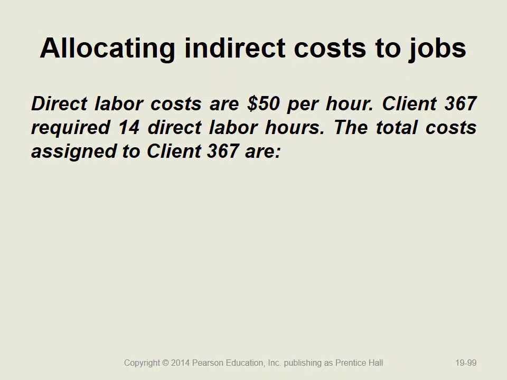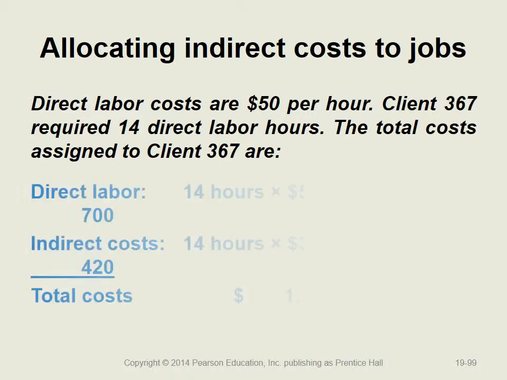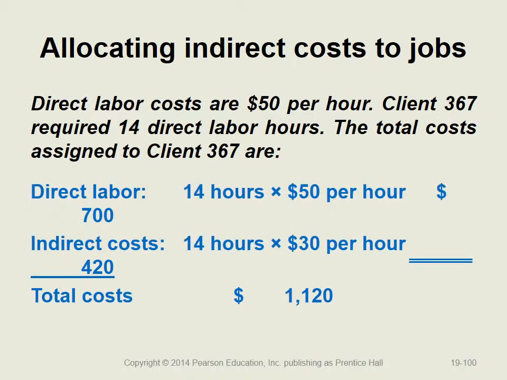We determine the total costs assigned to client 367. 14 direct labor hours are worked on client 367's case, and the hourly rate for direct labor is $50 per hour. For the total cost of working on client 367's case, we add the direct labor costs and the allocated indirect costs. Multiplying the 14 direct labor hours by the $50 hourly rate, we see that the cost of direct labor was $700.